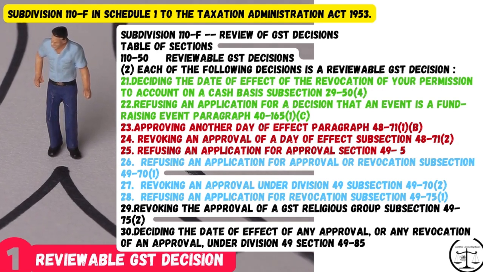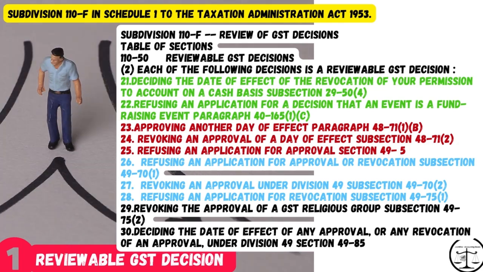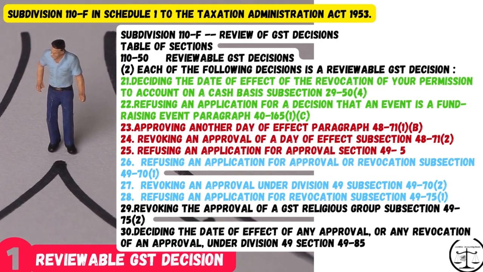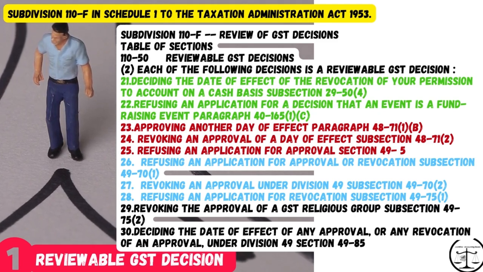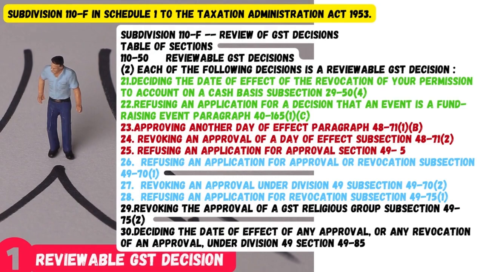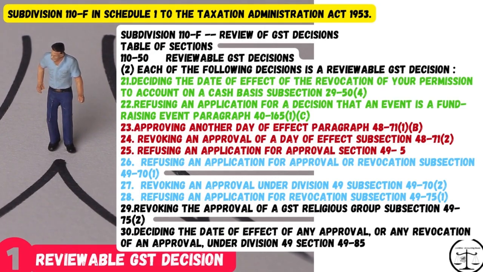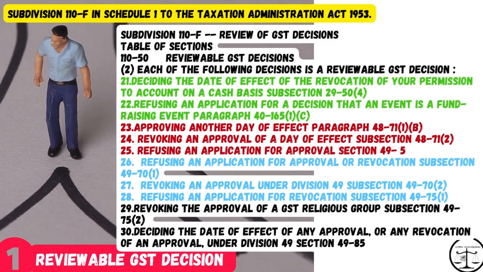25. Refusing an application for approval, section 49-5. 26. Refusing an application for approval or revocation, subsection 49-70(1). 27. Revoking an approval under Division 49, subsection 49-70(2). 28. Refusing an application for revocation, subsection 49-75(1). 29.